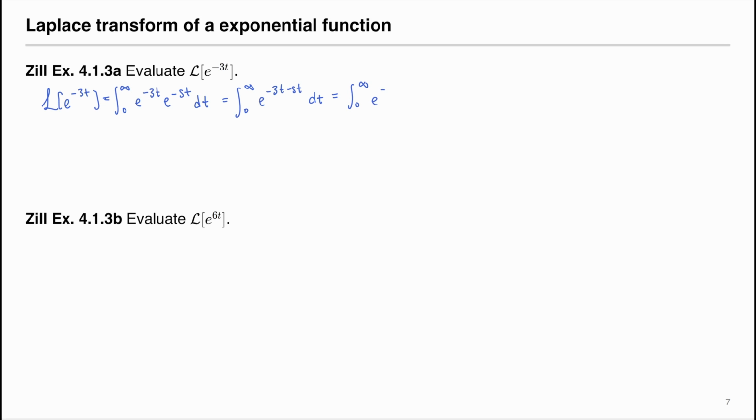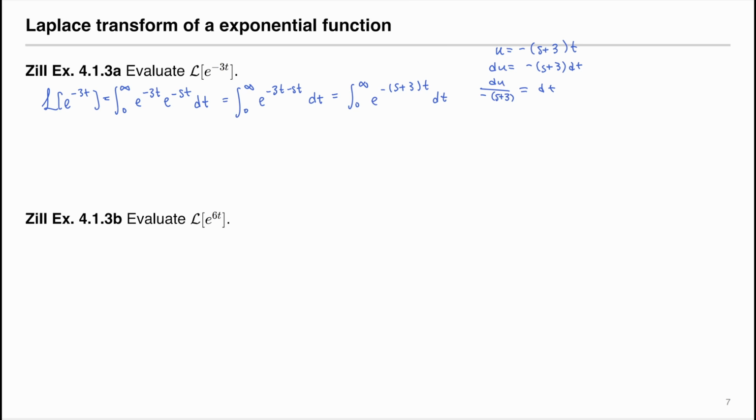So we have negative s plus 3, times t. We can use u substitution where u equals negative s plus 3 times t. So du equals negative s plus 3 dt, and dt is du divided by negative s plus 3.